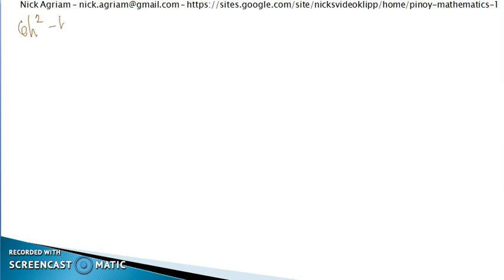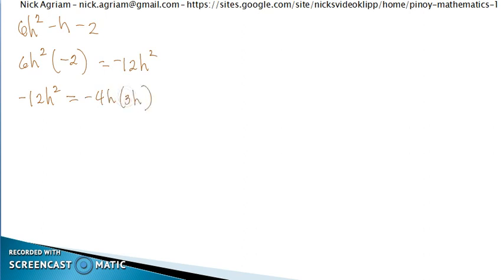6h squared minus h minus 2. We'll multiply that. 6h squared multiplied by negative 2, then we have negative 12h squared. Then negative 12h squared can be factored by using negative 4h and 3h.